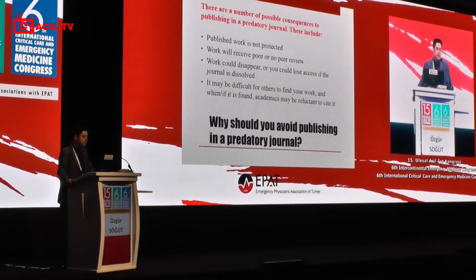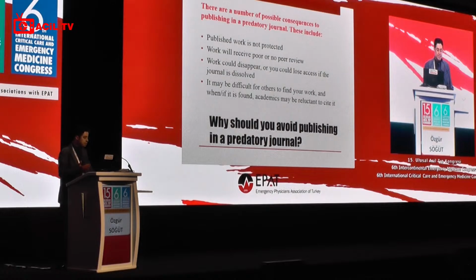Why should we avoid publishing our research in predatory journals? There are a number of possible consequences to publishing in a predatory journal. These include: firstly, your published work is not protected. Second, your work will receive poor or no peer review.